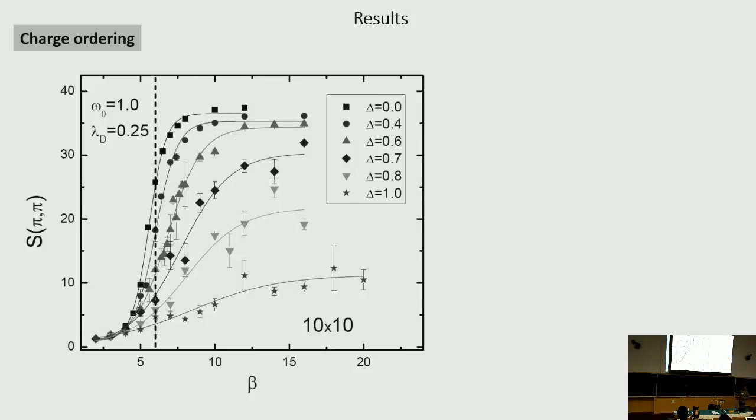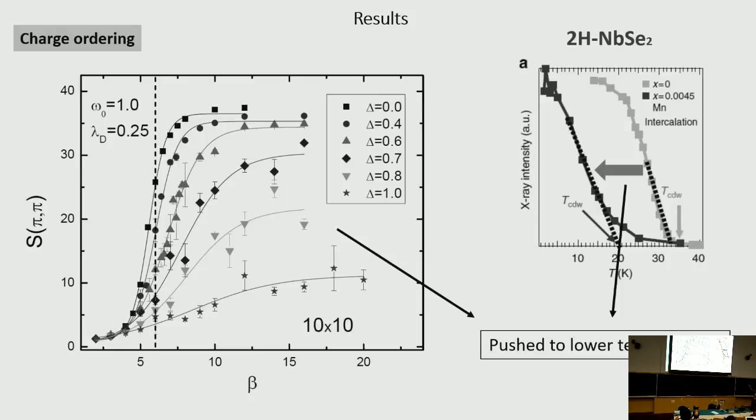And what I did here was, again, analyzing the charge-charge structure factor. I see that the charge-charge structure factor is suppressed with the increase of the disorder strength, and more, it's pushed to lower temperatures, like what happens in real materials.